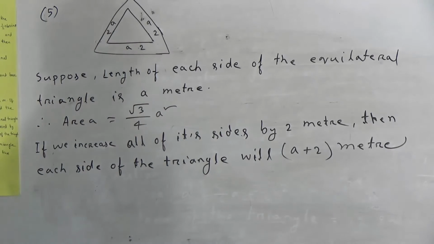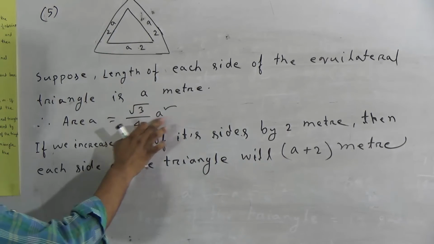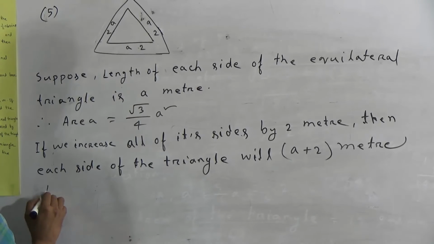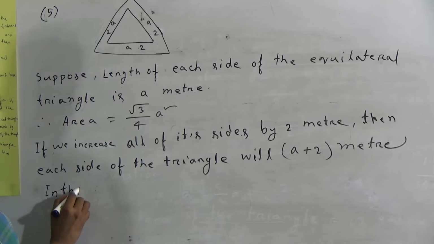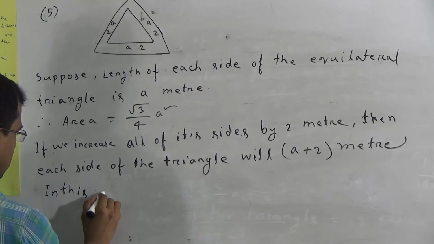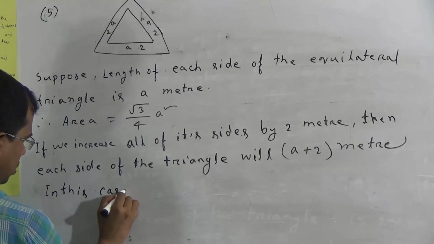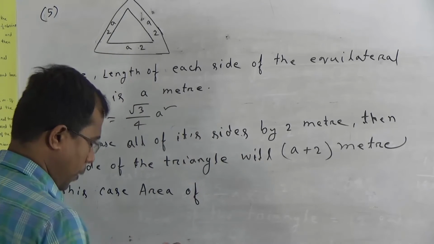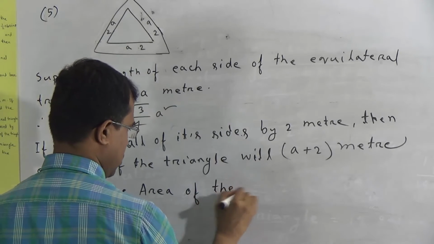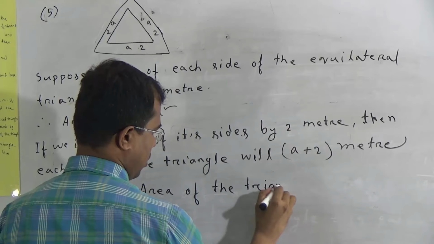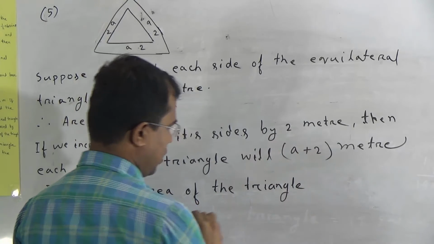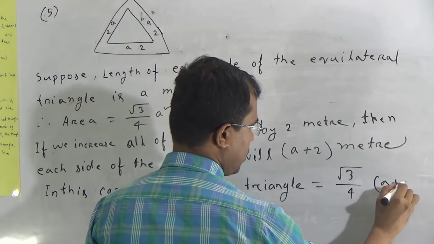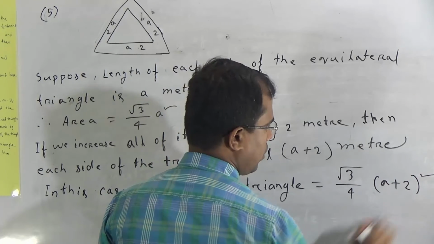Then its area will be root 3 by 4 a plus 2 whole square. Instead of a, we have to write a plus 2. In this case area of the triangle is equal to root 3 by 4 a plus 2 whole square.